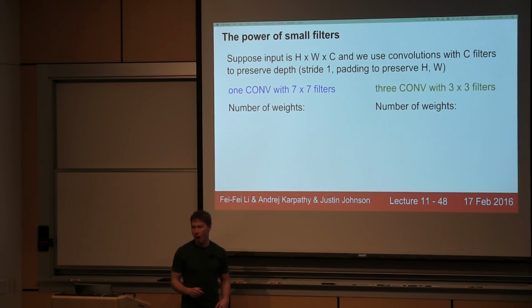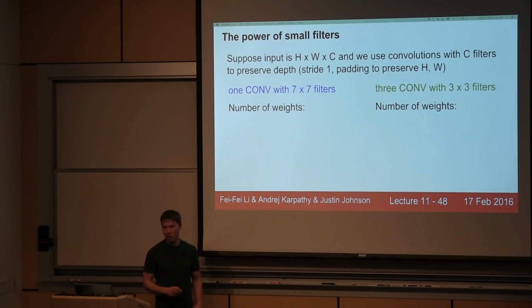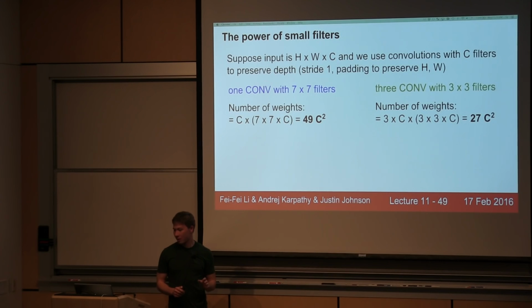First, how many weights do each of these two things have? Anyone have a guess on how many weights the single 7x7 convolution has? You can forget about biases because those are confusing. I heard some murmurs, but my answer, I hope I got it right, was 49C².